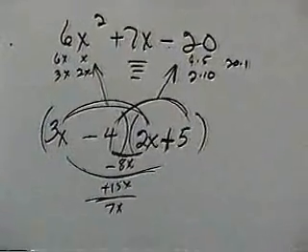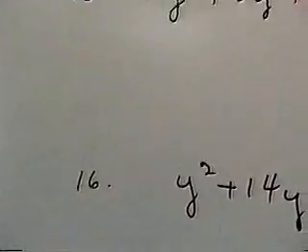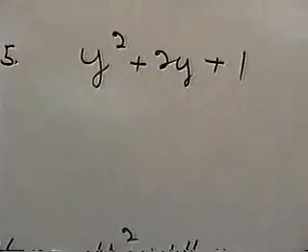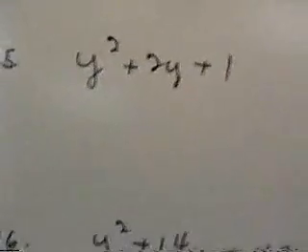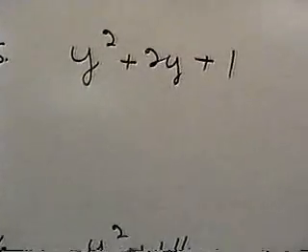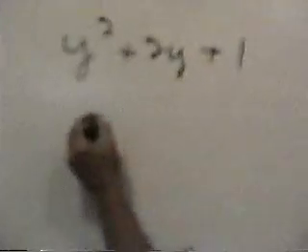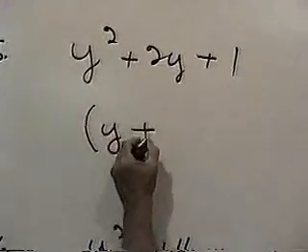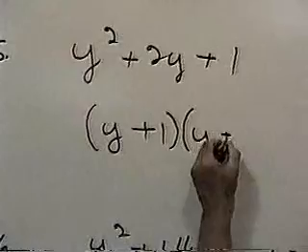All right. Let's look now at number 15. And now what we've done is learn how to take care of all the cases. What I want to do with 15 and 16 is look at some special things that you factor. For instance, factoring this will be y plus 1 and y plus 1.